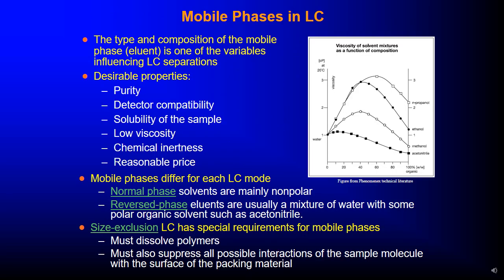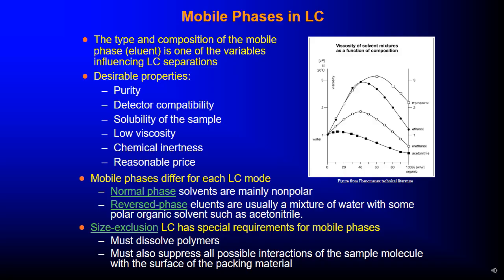Then in mobile phases in liquid chromatography, the type and composition of the mobile phase is one of the variables influencing liquid chromatography separations. So desirable properties, one is purity, two is detector compatibility, we have solubility of the sample, low viscosity, chemical inertness, and reasonable price.